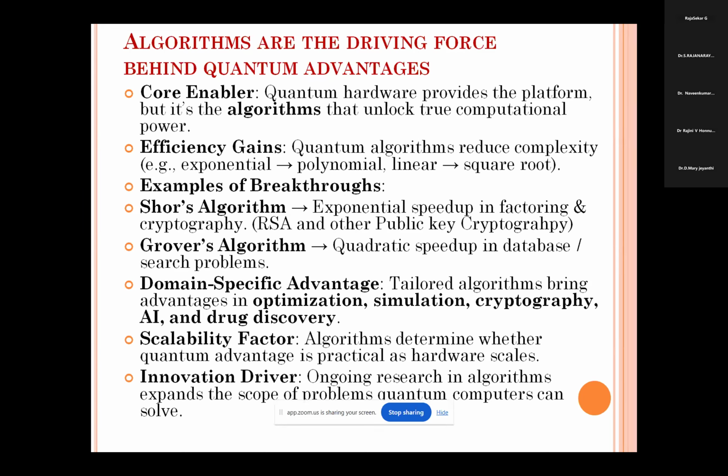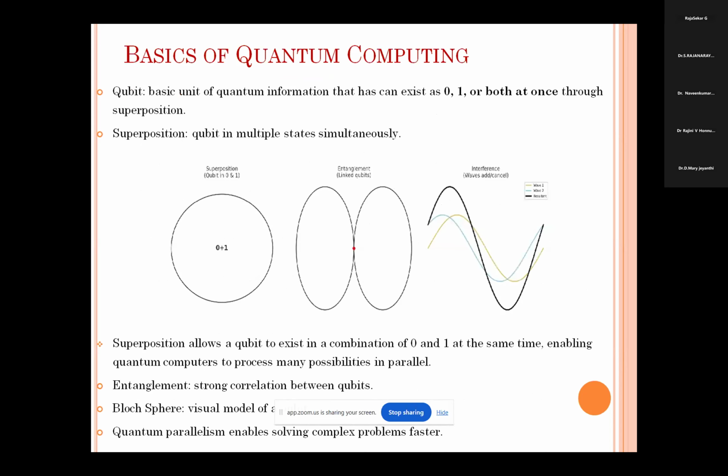Innovation driver: ongoing research in algorithms expands the scope of problems quantum computers can solve. So the scalability factor and innovation driver are the main themes by which complexity issues will be sorted out.